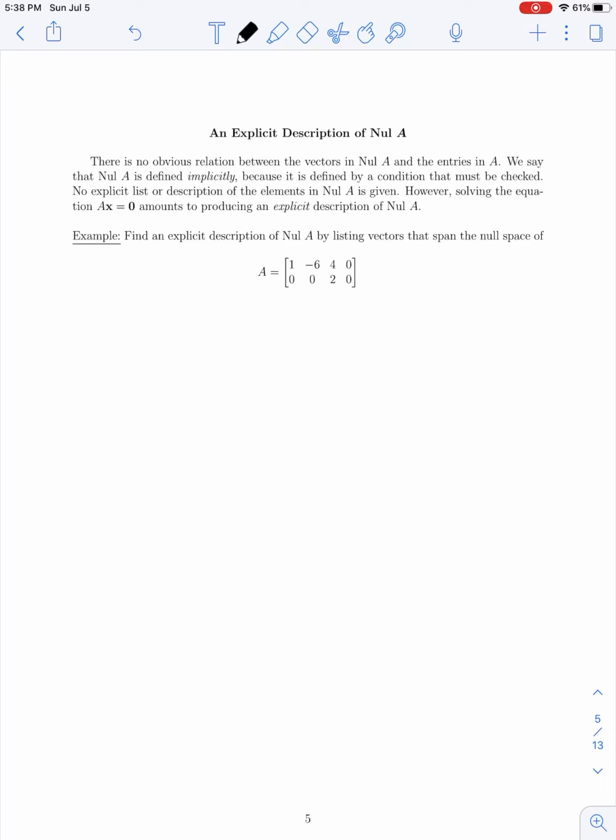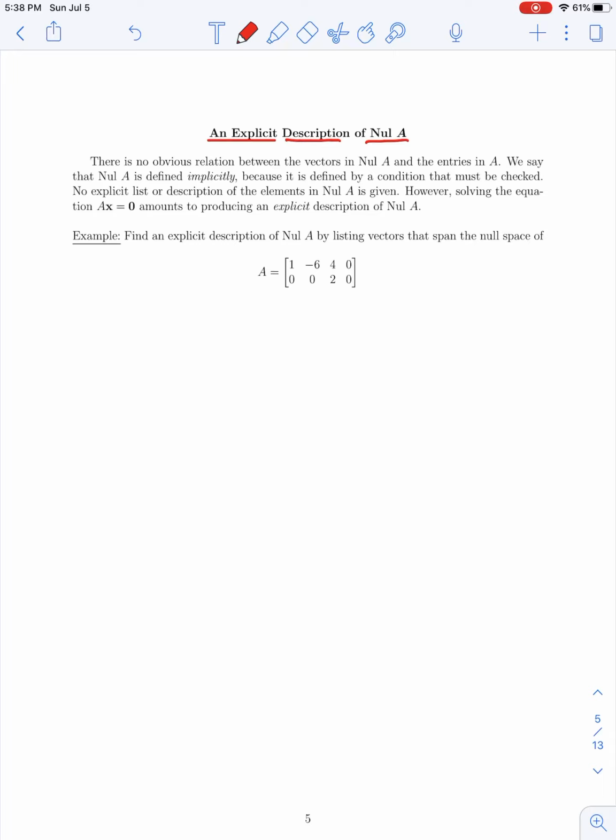Now, if we'd like to give an explicit description of the null space, we have to go about solving a homogeneous system of equations because of the way that the null space is defined. So in this next part of the section, we'll describe how we could give an explicit description of the null space of a matrix.